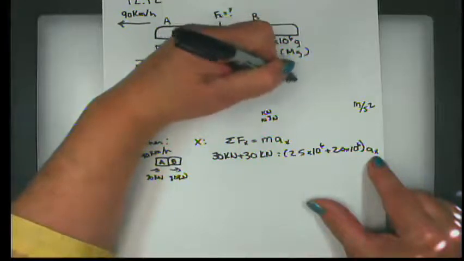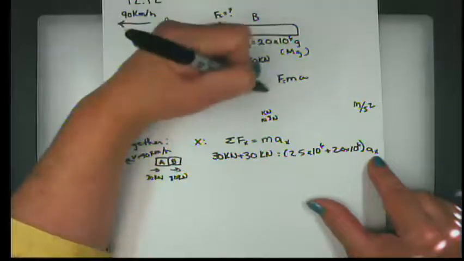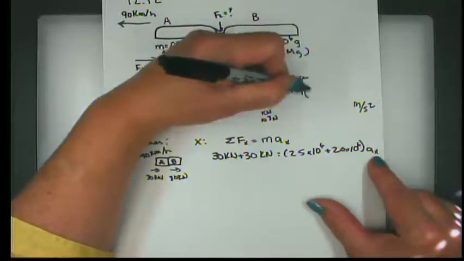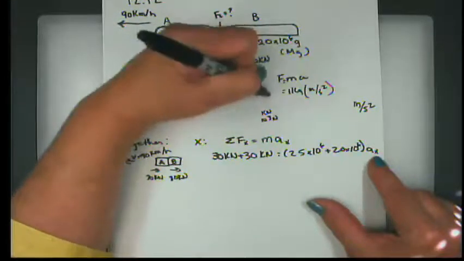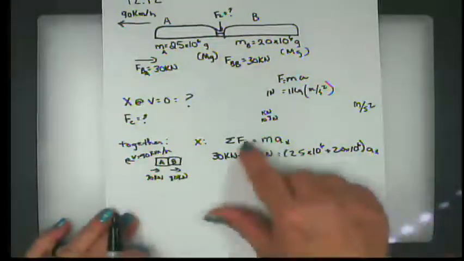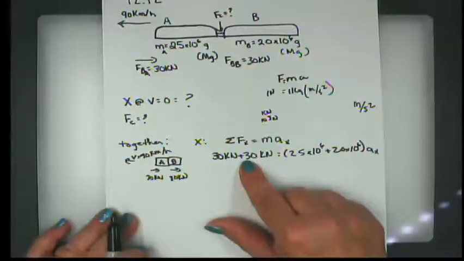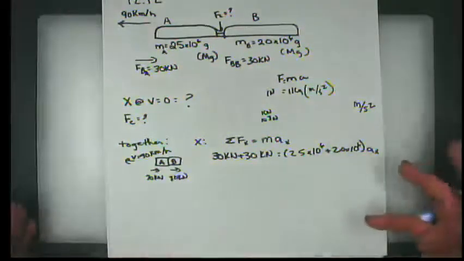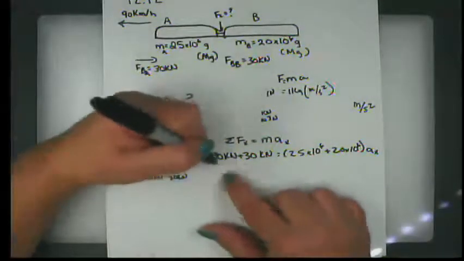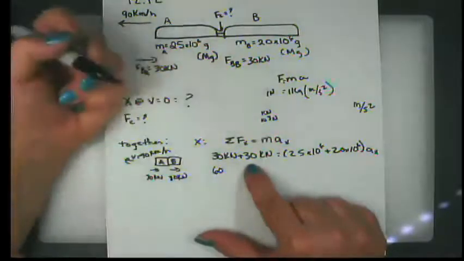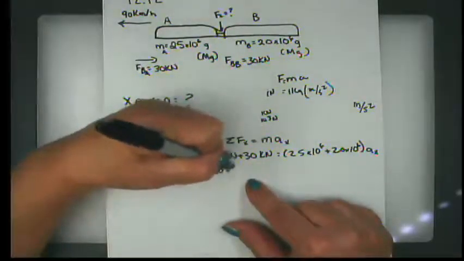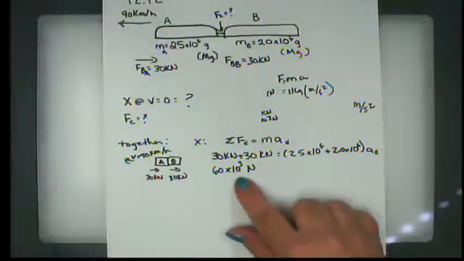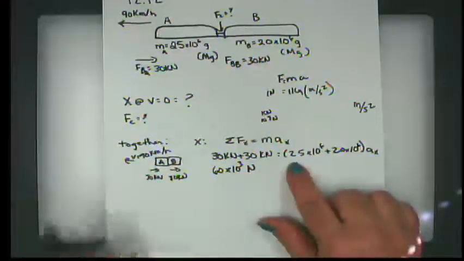If I go back to my original conversion that force is equal to mass times acceleration, we know that 1 kilogram times meter per second squared is equal to 1 newton. So if I write this in newtons and this in kilograms, I'm going to come out with the correct units, right? So I'm going to call this 60 times 10 to the 3rd newtons instead of kilonewtons. I just add them together, converting kilonewtons to newtons.